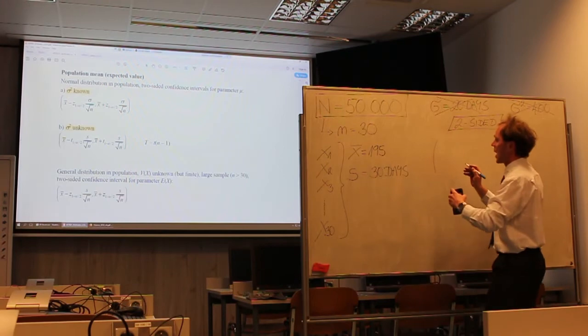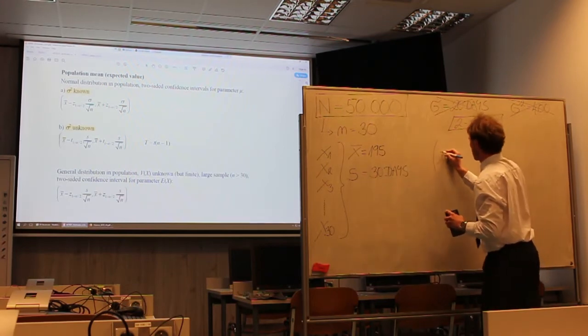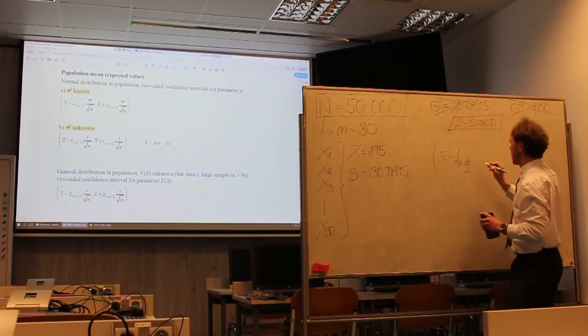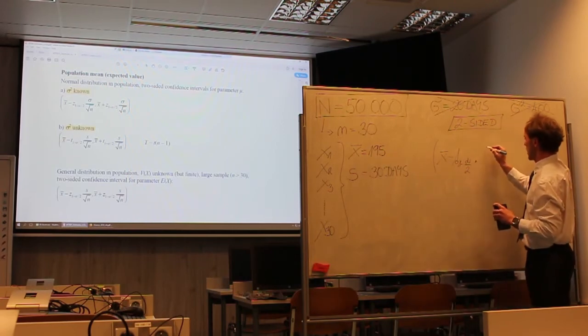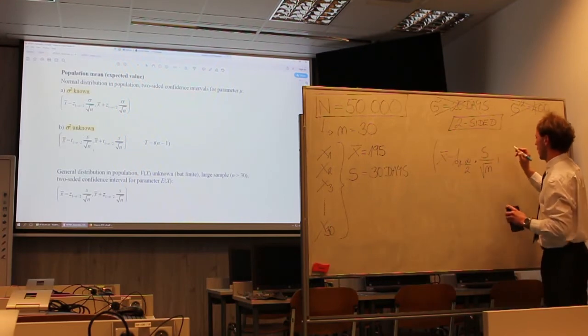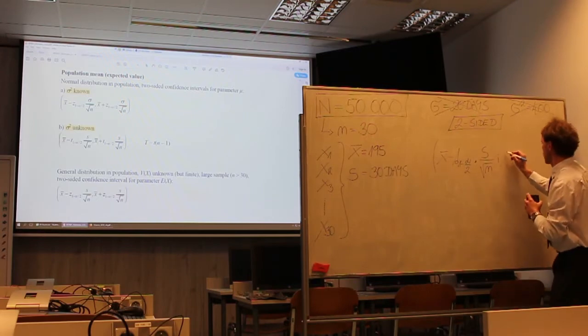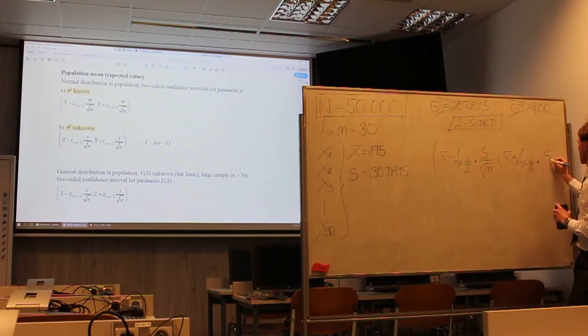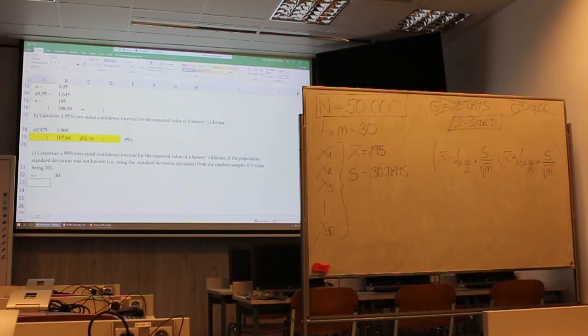So on the left side, left bound, x with stripe minus t 1 minus alpha divided by 2 times standard deviation divided by square root of n. Right side, x with stripe plus t 1 minus alpha divided by 2 times standard deviation divided by square root of n.